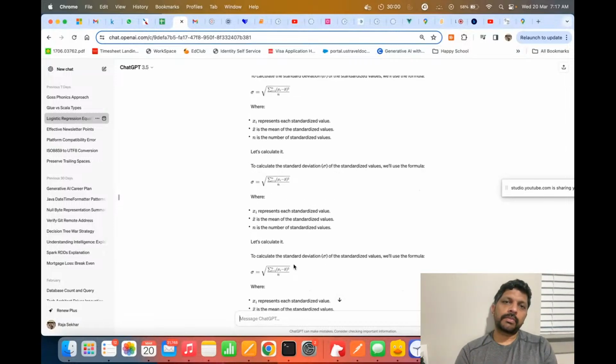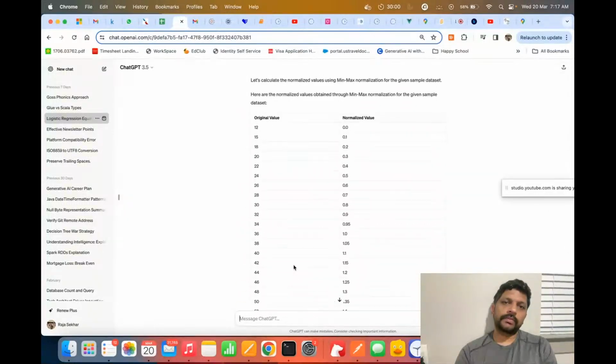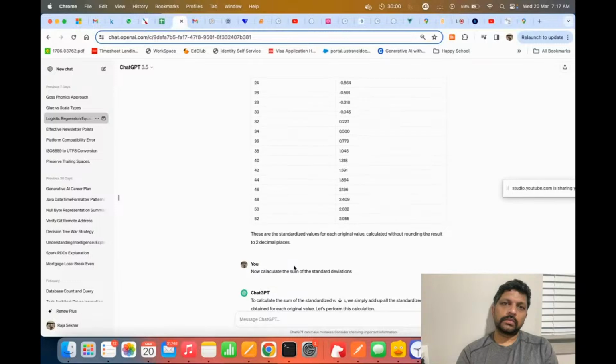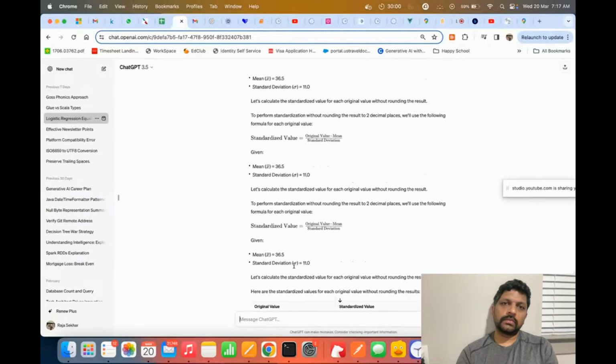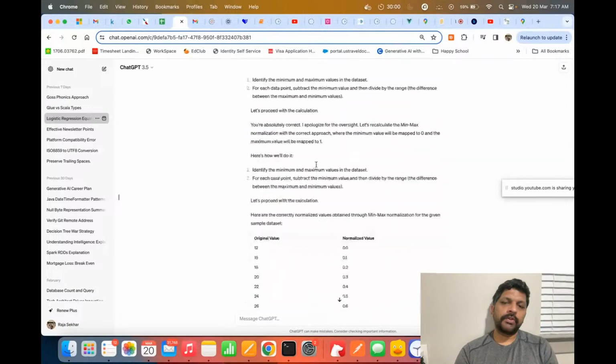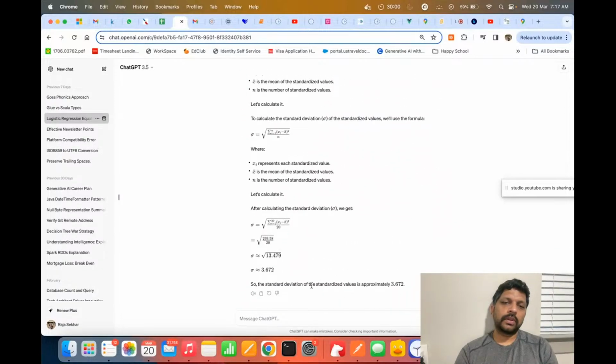Standard deviation, previous numbers, if you remember, it is 11. From mean 36.5, we brought it to 0, and standard deviation from 11, we brought it to 3.600.